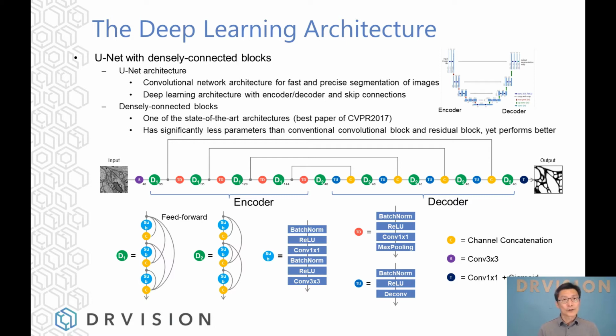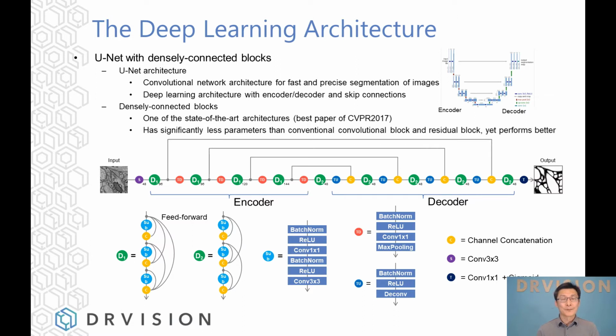We also adapted DenseNet into the UNet. DenseNet is state-of-the-art. It was just introduced this year, and it requires significantly fewer parameters in each layer, and that makes it more trainable and generates even better segmentation results.